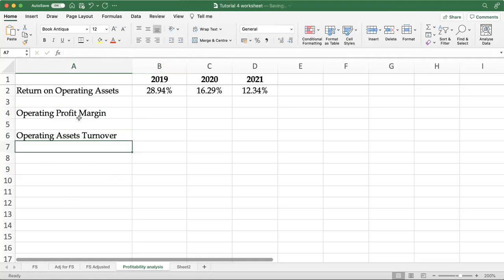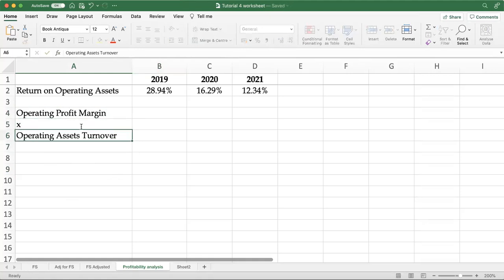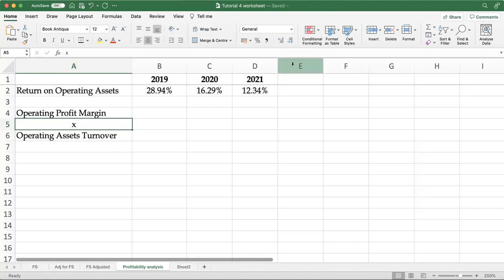Return on operating assets is a product of operating profit margin and operating assets turnover. Now you calculate operating profit margin.